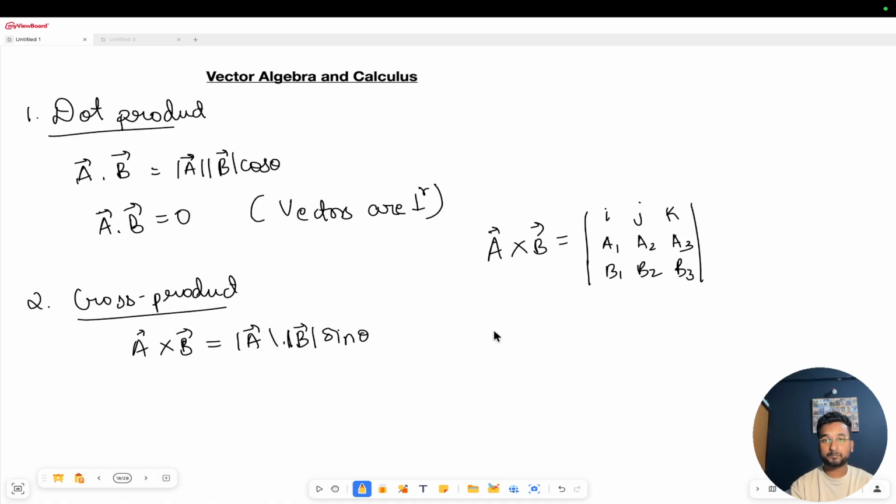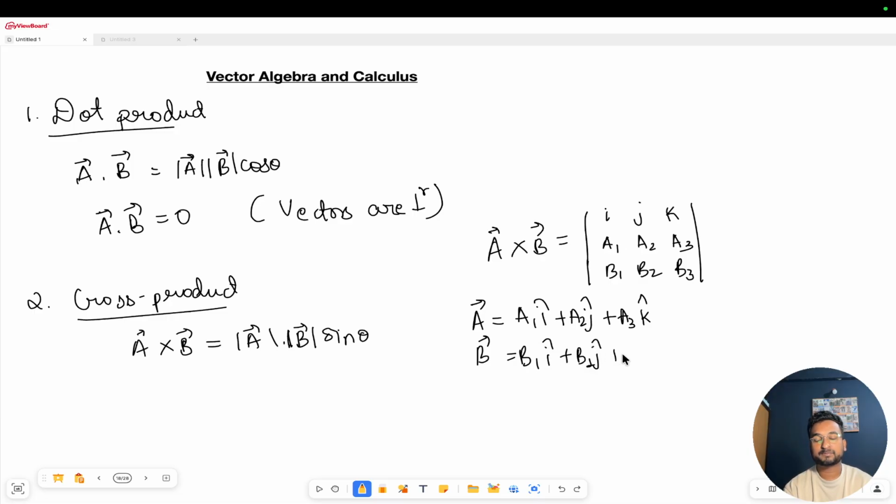Here A is A1 I cap plus A2 J cap plus A3 K cap. B is what? It is B1 I cap plus B2 J cap plus B3 K cap. Okay, so this is how you calculate the cross product.